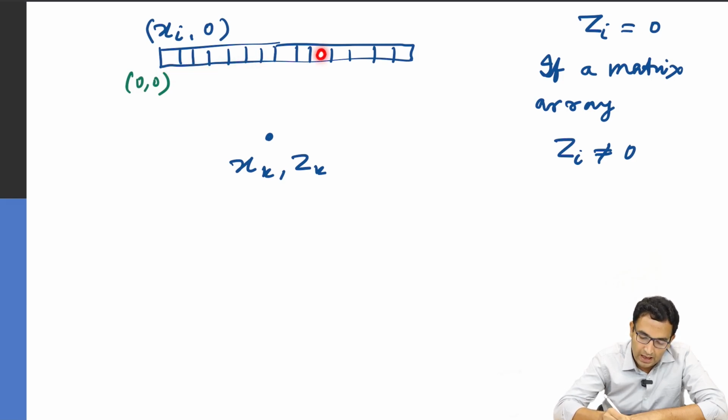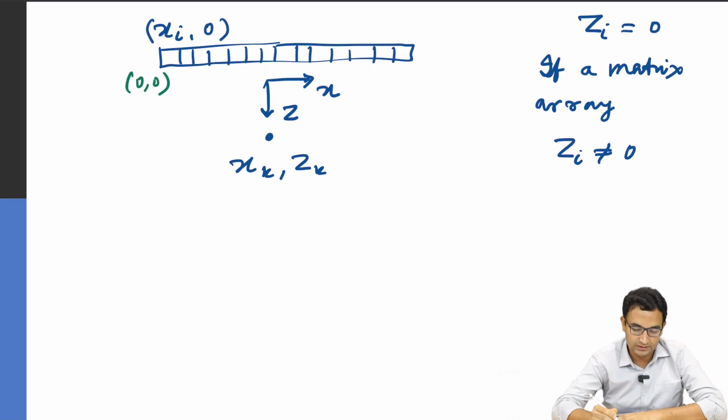If I choose the ith element, suppose this is the ith element, the coordinate will be known because it is the ith element from the origin, and we know the size of each individual element, we know the pitch, we know the curve, etc. So we can calculate the distance from the origin, right? And clearly this direction is the z direction and this direction is the x direction in a coordinate system.